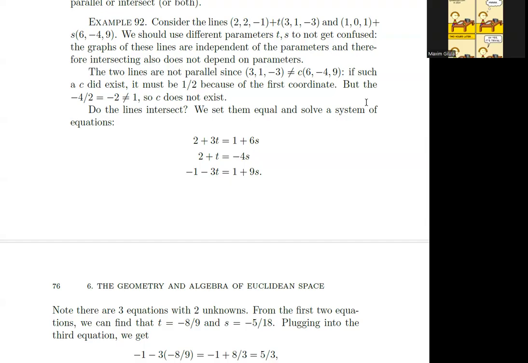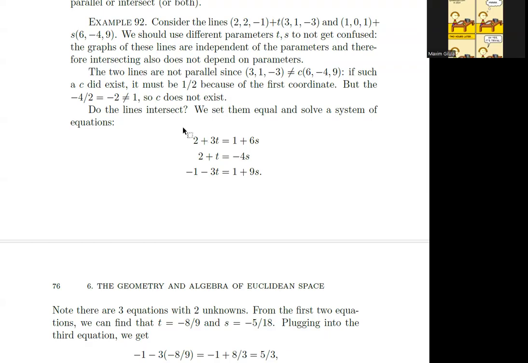Therefore, intersecting also does not depend on these parameters. The two lines are not parallel because this direction is not a multiple of this other direction. You could prove that if c existed, it must be a half because of the first coordinate. But then minus 4 times a half is not 1. So c does not exist.